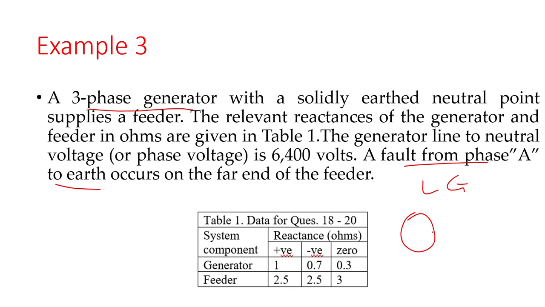So we basically have a three-phase generator connected through a feeder, and at the end of the feeder there's a fault, and the fault is a line to ground fault, right?